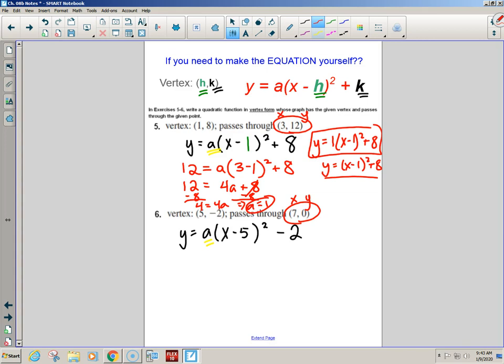Yep. I'm going to plug in my Y. I'm going to plug in my X. I'm going to do my PEMDAS. I'm going to make it look pretty.